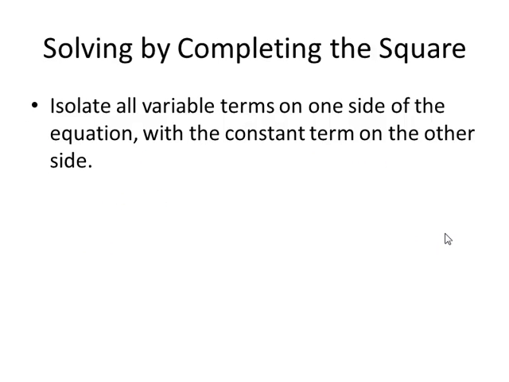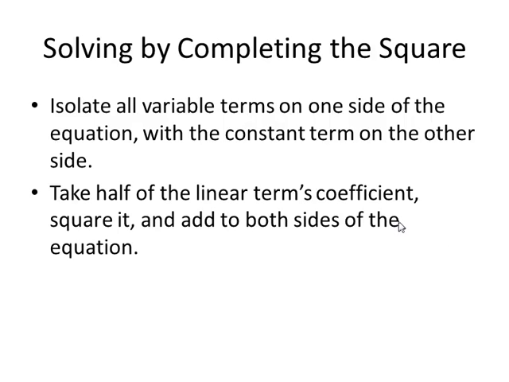We'll begin by isolating all the variable terms on one side of the equation with the constant term on the other. We'll take half of the linear term's coefficient, square it, and add it to both sides of the equation. If your equation is of the form ax squared plus bx plus c, after we isolate the variables, ax squared plus bx equals negative c, we're going to take b, divide that in half, square it, and add it to both sides.